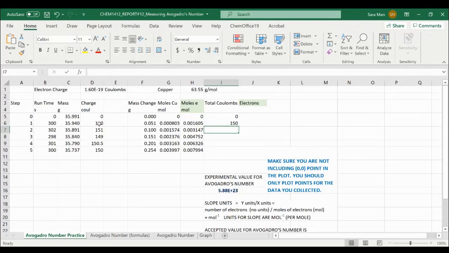You know what I'm doing? This is a charge. I'm calculating the total charge, the cumulative. In this case, it's 150 plus 0. Very good. And then we do it cumulative, and we obtain the total coulombs.